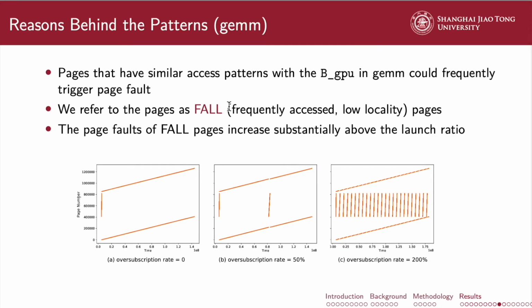And pages that have similar access patterns to B in gemm could frequently trigger page faults, and we refer to them as 4 pages because they are frequently accessed but have low locality. 4 pages are highly related to the performance of applications under oversubscription. The page faults of 4 pages increase substantially above the launch ratio, and their proportion determines an application's sensitivity to oversubscription.